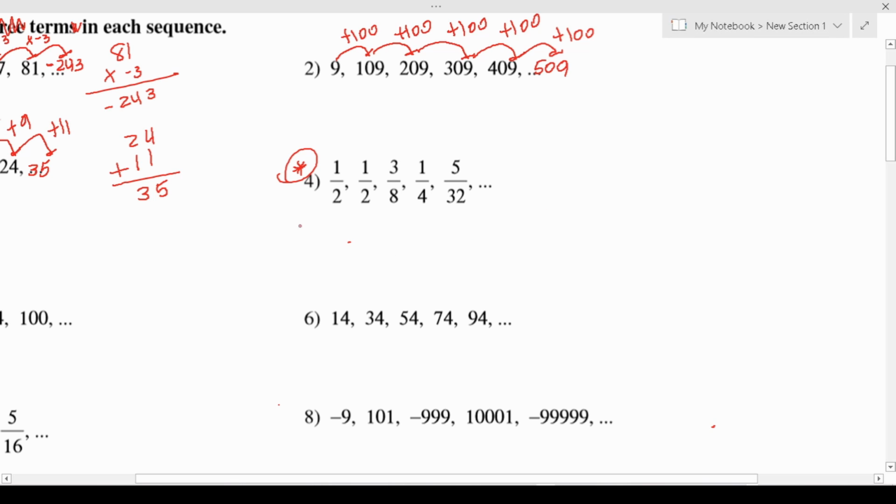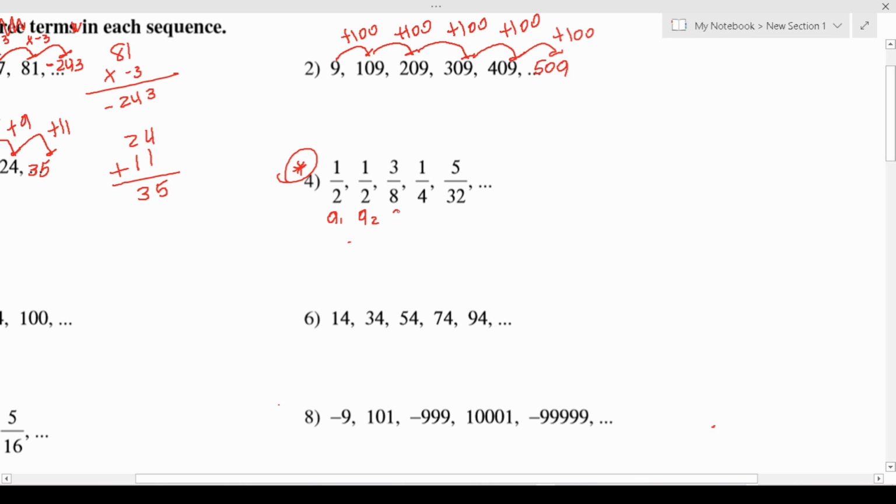But that said, we can see that we go from 1/2 to 1/2 to 3/8, 1/4, and 5/32. This one is involving something that's going on in the numerator as well as the denominator. And let's go ahead and think about it this way. This is our A1 term, that is our first term.